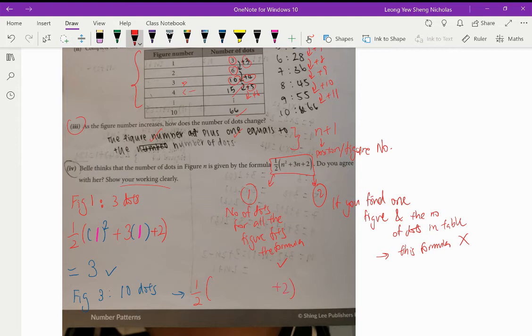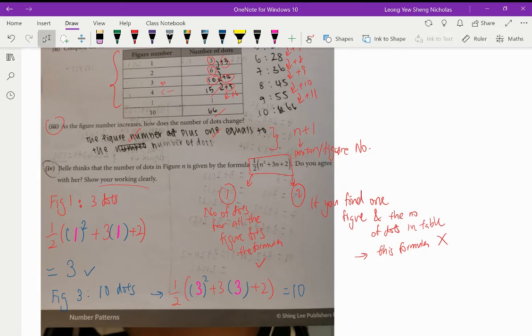I write the same formula again, replace all the n with brackets. This time I replace n with 3. So let's calculate. 3 squared is 9. 9 plus 9 is 18. 18 plus 2 is 20. 20 divided by 2 is 10. It seems to work also.